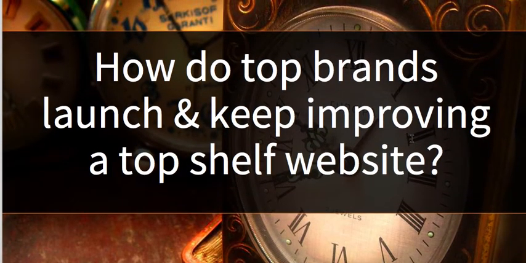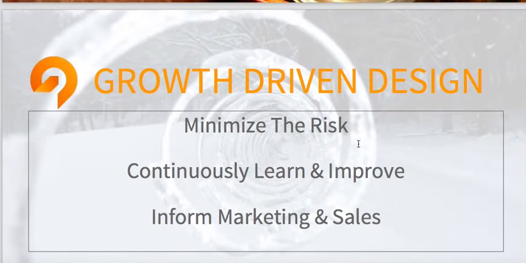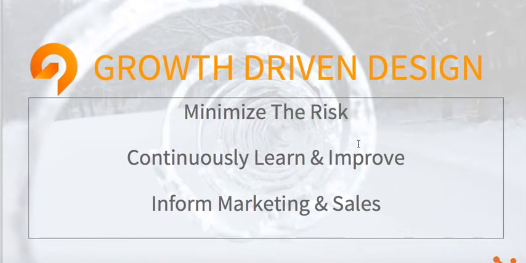So how do top brands launch and continuously improve their website to where they become in essence a top shelf brand or have a top shelf website? What they do is they don't revamp their website every year, every 2 years, or every 3 years.